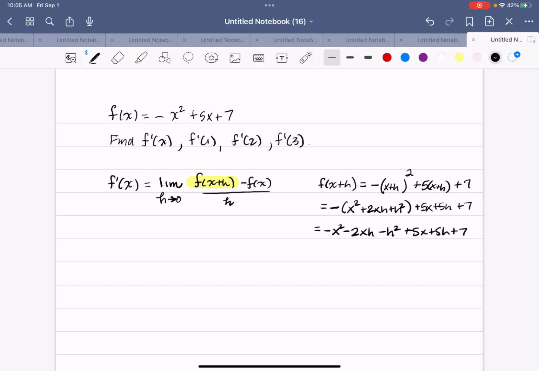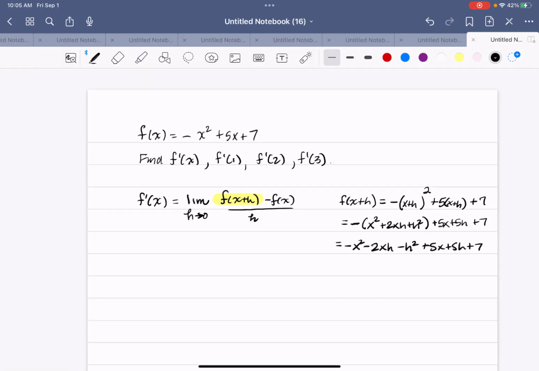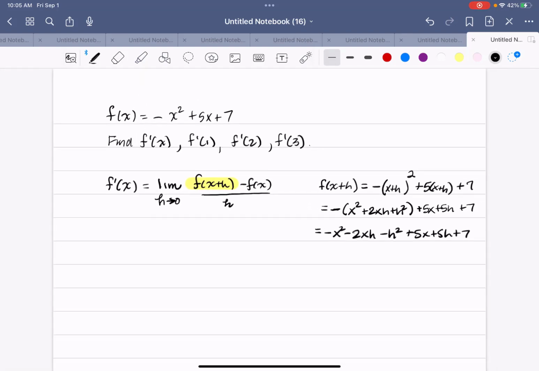Now from this, we're supposed to subtract the original function. So the opposite of f of x. Okay? Well, that's going to be a positive x squared, a minus 5x, and a minus 7, because I'm taking the opposite of all of these because this says subtract them all.